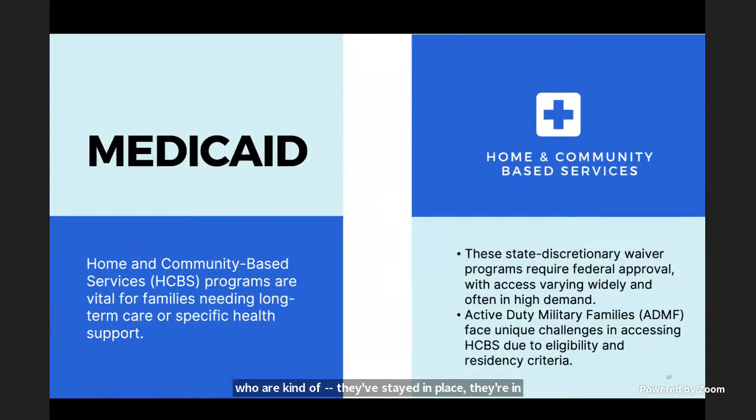Things like wait lists, things like being able to access these services, these are problems that are endemic in many states for those long-term residents because of the lack of availability. The problem becomes even more compounded for active duty military families who may be in a transition process through the PCS process, or maybe moving or leaving military service.